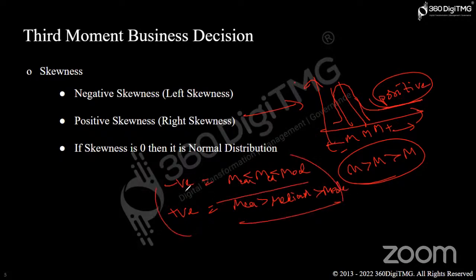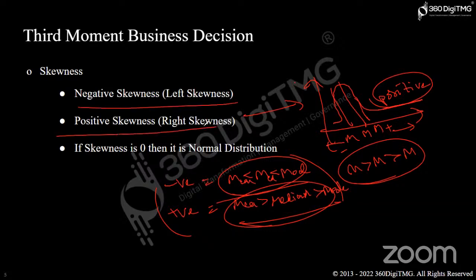So whenever you have particular data like this, you may get a graph like this. So the graphical representation can also tell you about skewness, whether it is not normally distributed, or whether the data is symmetrical or non-symmetrical. So it will be understood. So this is the third moment, business decision.